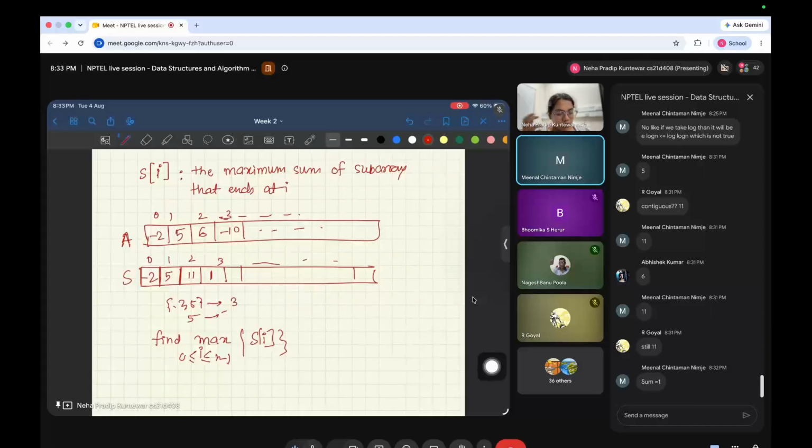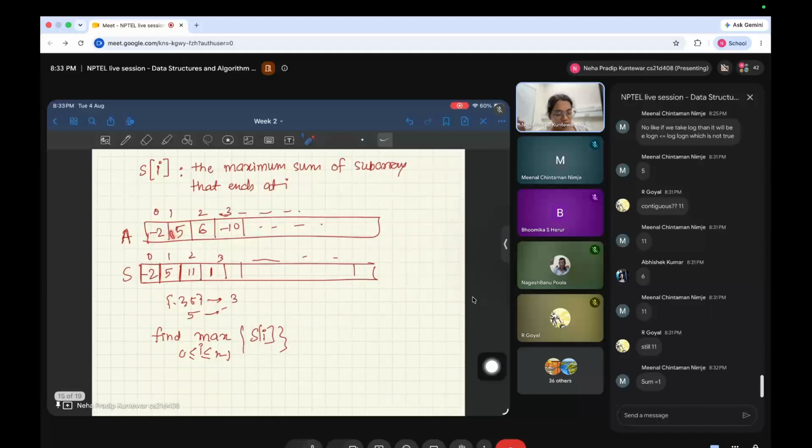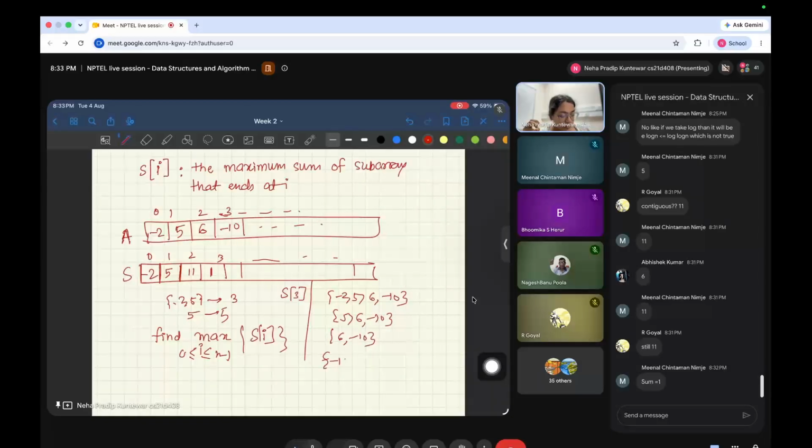Yeah, so what are all possible arrays that end at 5? It is either you take both of them or you only take 5, correct? So this was the maximum. So among these two, what about S of 3? What are all possible arrays that end at 3? You can take -2, 5, 6, -10, or you can take 5, 6, -10, 6, -10, and -10.